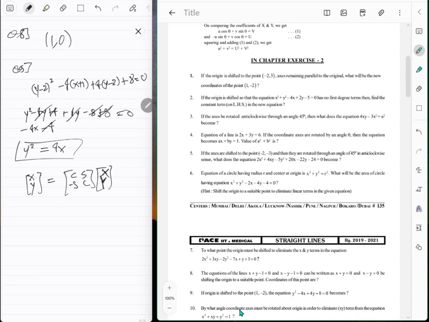You'll be putting small x, small y as these things, and you just hope that the xy terms will get eliminated. So let's see what we get.